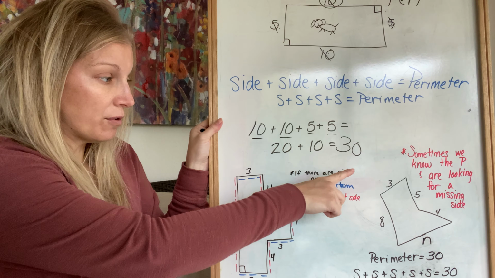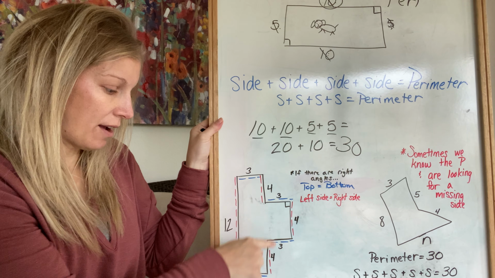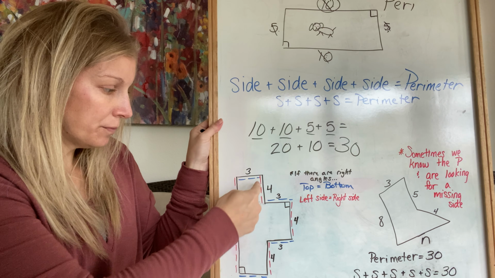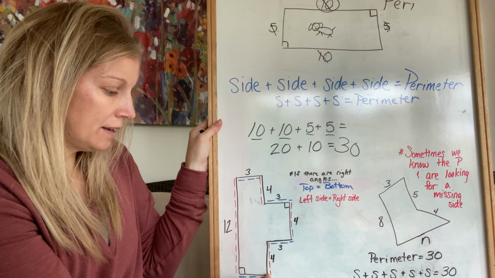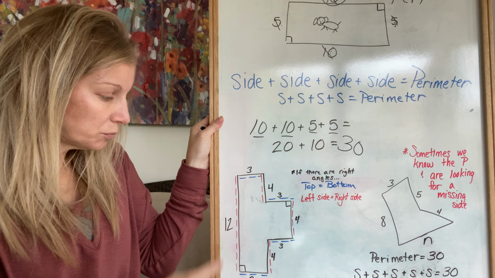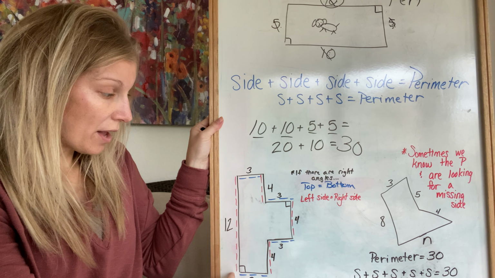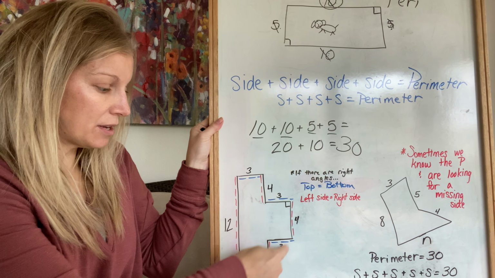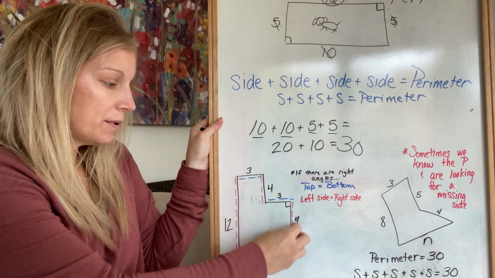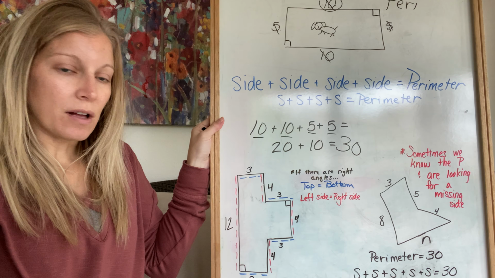Or if there are right angles, which in this case we have right angles, we know that the left side and the right side, even though they're broken up, equal the same thing. So the left side is 12. These 3 pieces will equal 12 also.